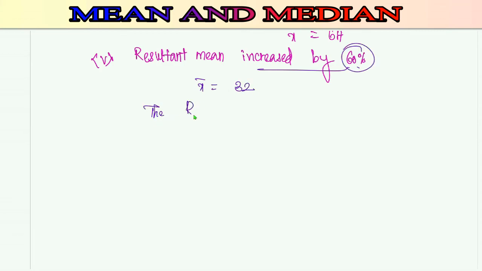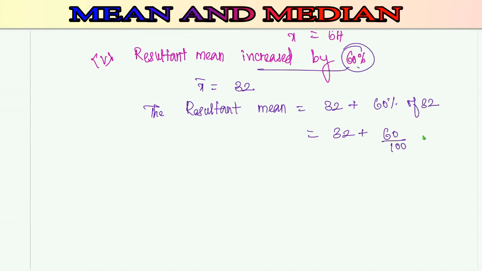The resultant mean is equal to 32 plus 60% of 32, which is 32 plus 60 divided by 100 into 32. The zeros get cancelled. 3 2s are 6, 5 2s are 10. If we simplify further, you will get 32 plus 19.2. 32 plus 19.2 is 51.2.